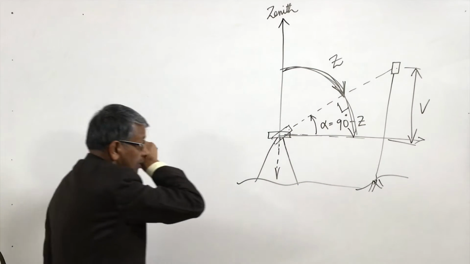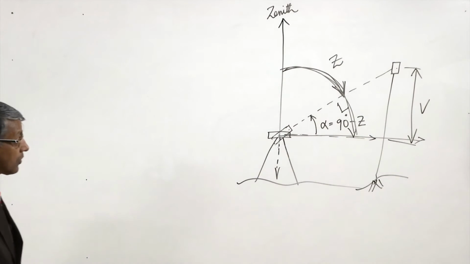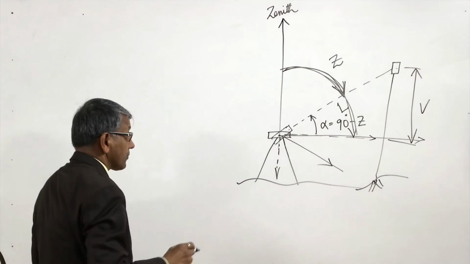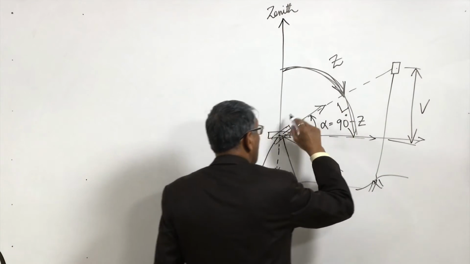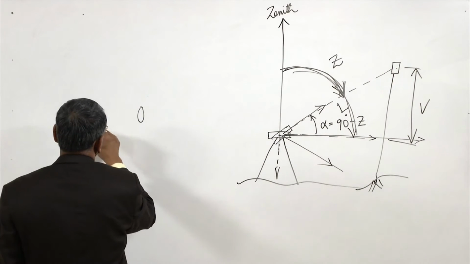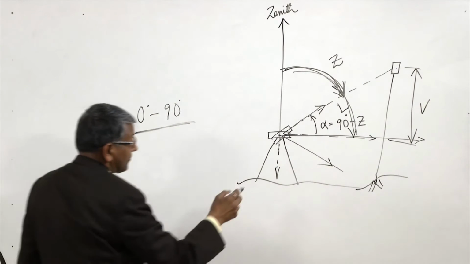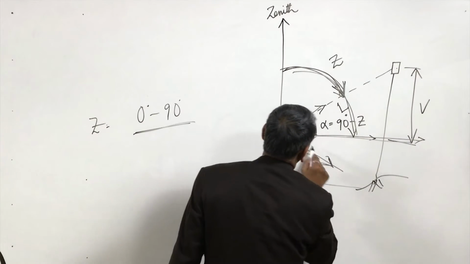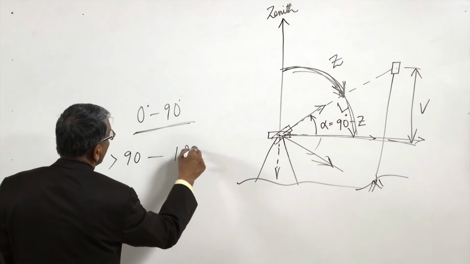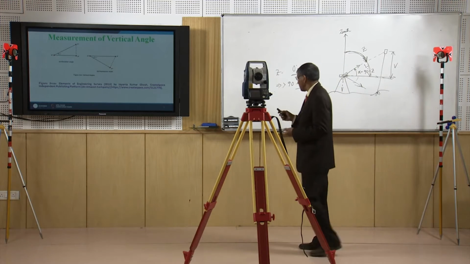As the telescope is pointed from zenith towards the horizontal line, the angle increases from 0 degrees to 90 degrees, so when the zenith angle is 0 to 90 degrees, it is the angle of elevation. If it is below the horizontal line, then we get an angle of more than 90 degrees up to 180 degrees. So this is the angle of depression. This is the most fundamental thing about the vertical angle.